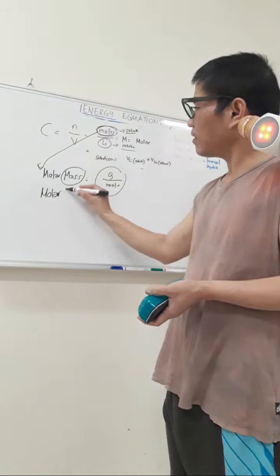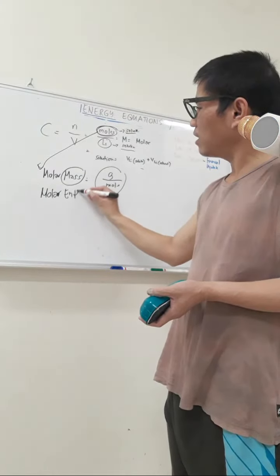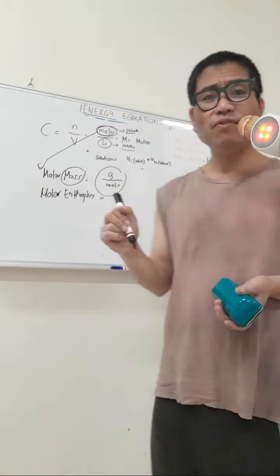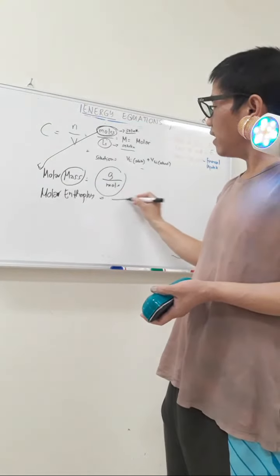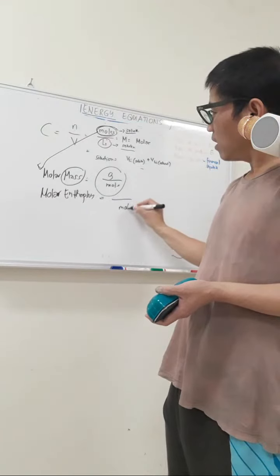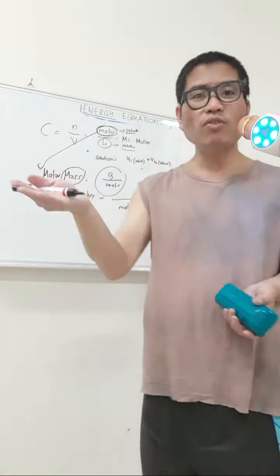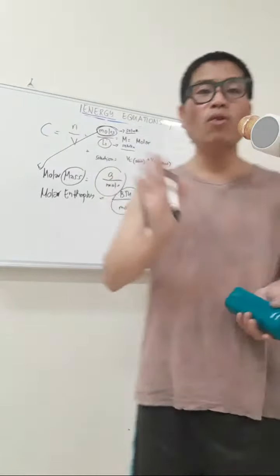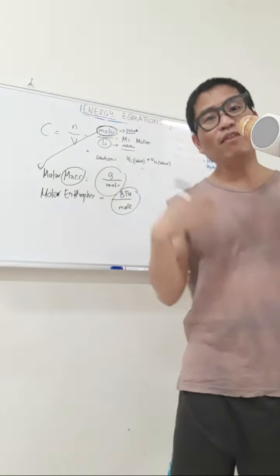So what is the adjective? Molar, so it should be in the denominator, mole. What is the numerator? Enthalpy. So it could be BTU. BTU per mole is the unit of molar enthalpy.